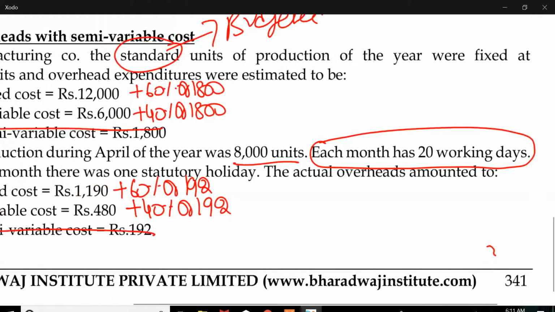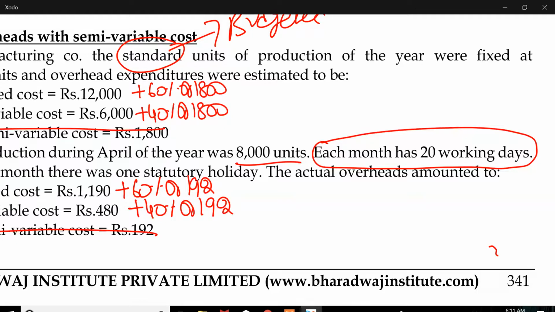Next point. The problem has not given us complete information, and hence efficiency variances are not asked in the question.